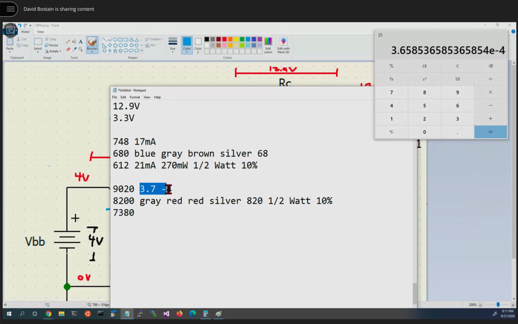Now, we could check these and get a little closer, but for the problems we're working, just to save time, once we've determined the value, the color code, that it's the same wattage, and it'll be the same tolerance, we're going to just leave it alone.